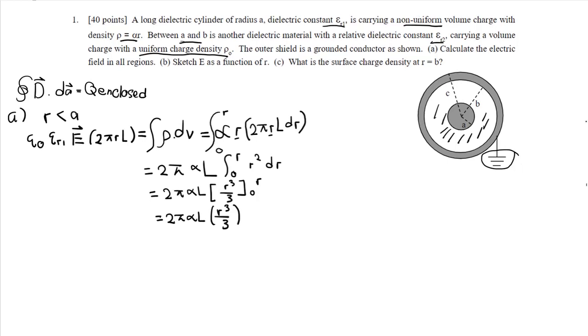So finishing this off, we can see that the electric field where the radius is less than a equals 2 pi alpha L r cubed over 3 mu naught mu r1, with the direction pointing in r hat.